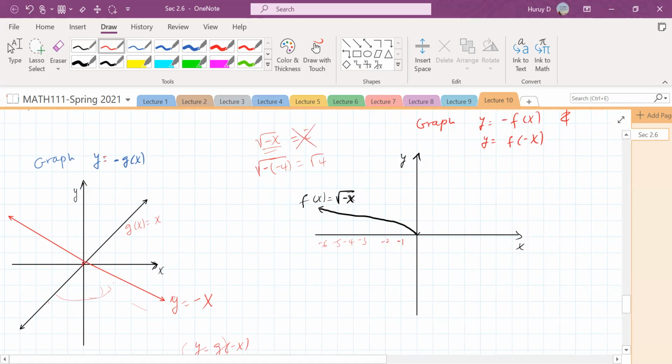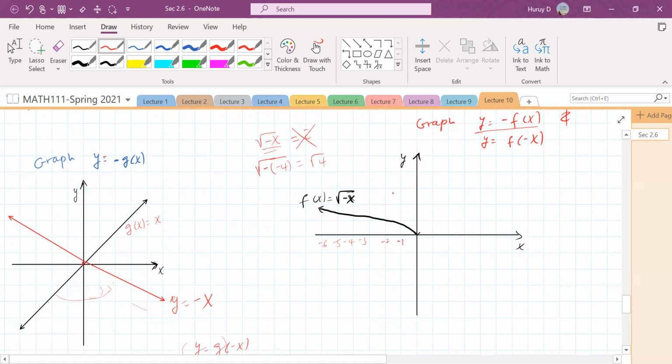Okay, now the graph of square root of negative x looks like this one, and then we need to graph the function given by y equals negative f of x, which means negative square root of negative x. If the negative is outside, we know the reflection is along the x-axis, right?